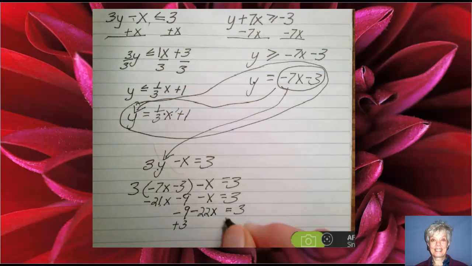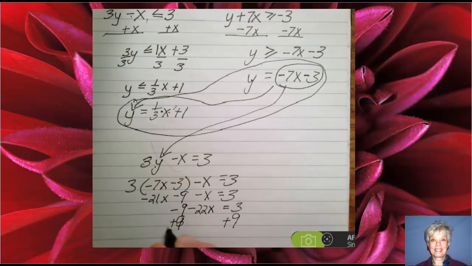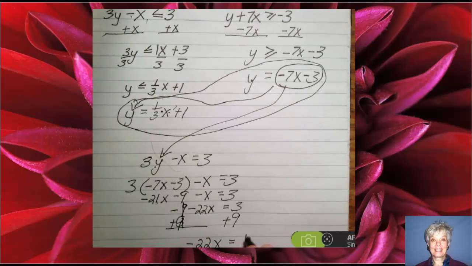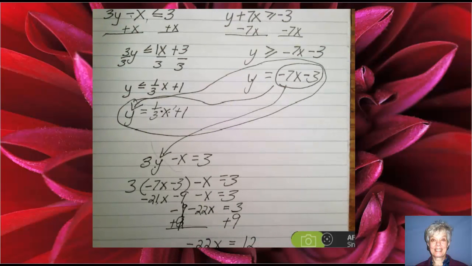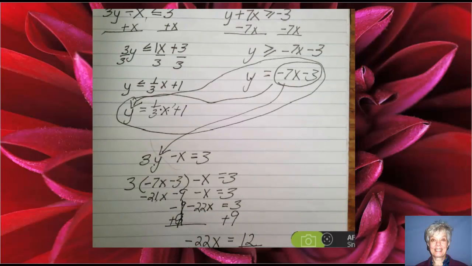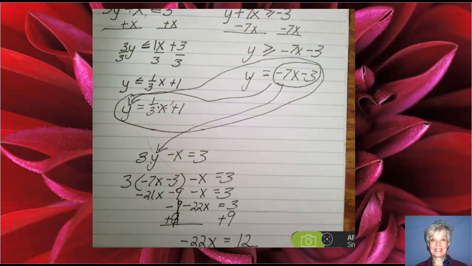Add 9 to both sides. These will zero out. I'll have negative 22x equals 12. Then I'll divide by negative 22, divide by negative 22. And I'll have x equals negative 12 over 22, which is negative 6 over 11. And that's what x equals.